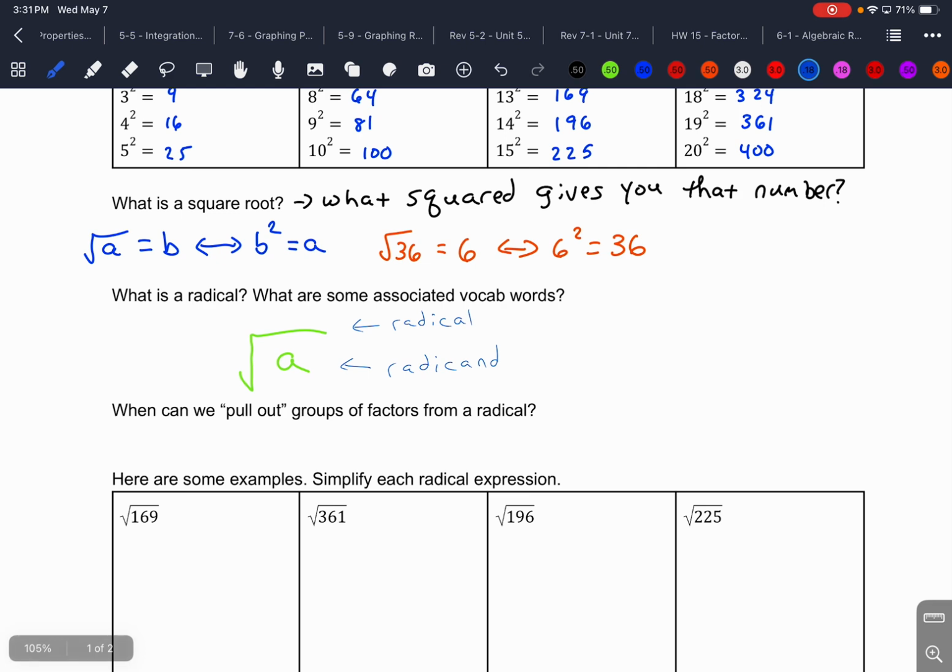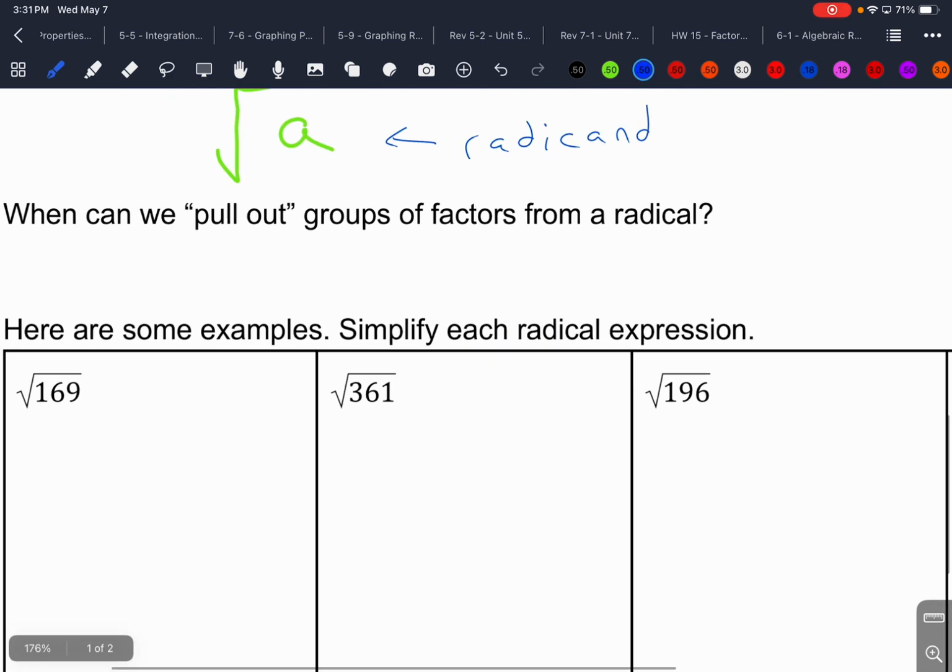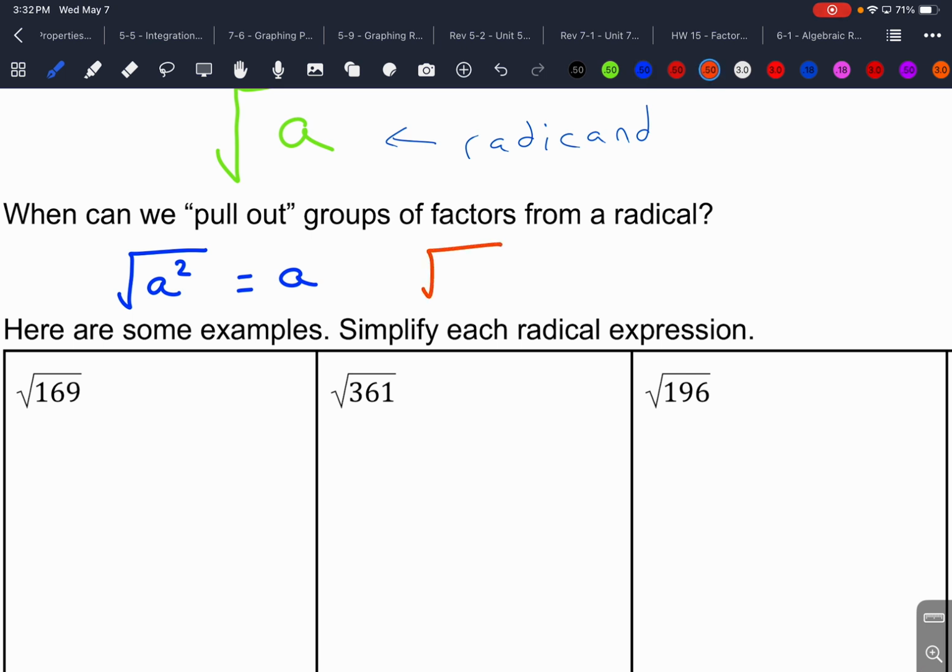So essentially what we can do is we use this rule that the square root of a squared is equal to a. So in other words, what that means is we have a pair of a's, a group of two factors can come out. So when you have the square root of 81, the square root of 81 is the square root of 9 squared, which is 9.